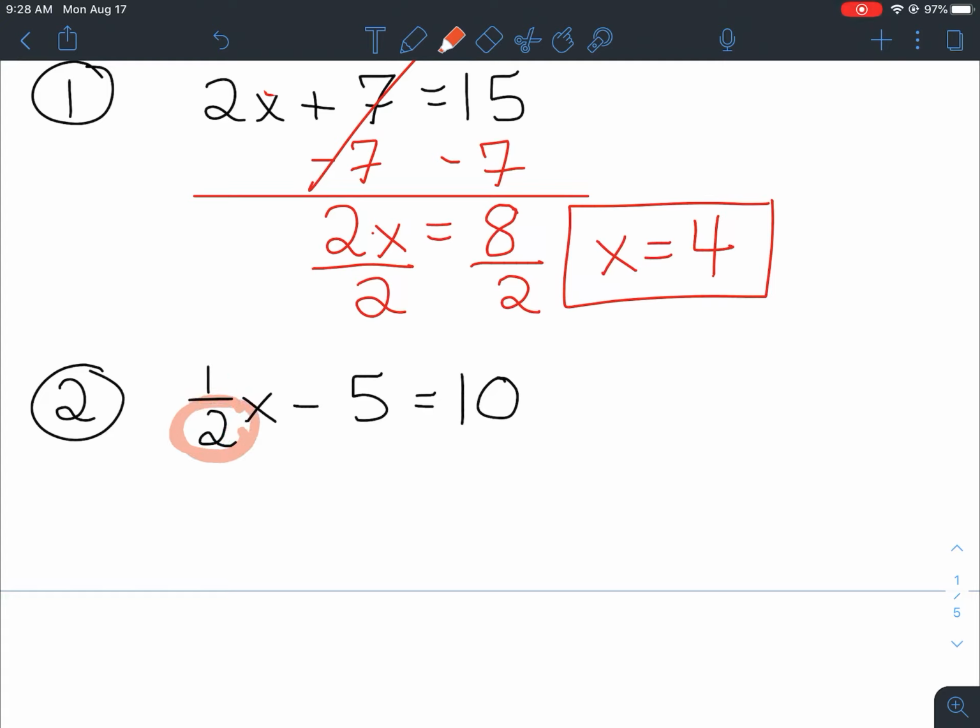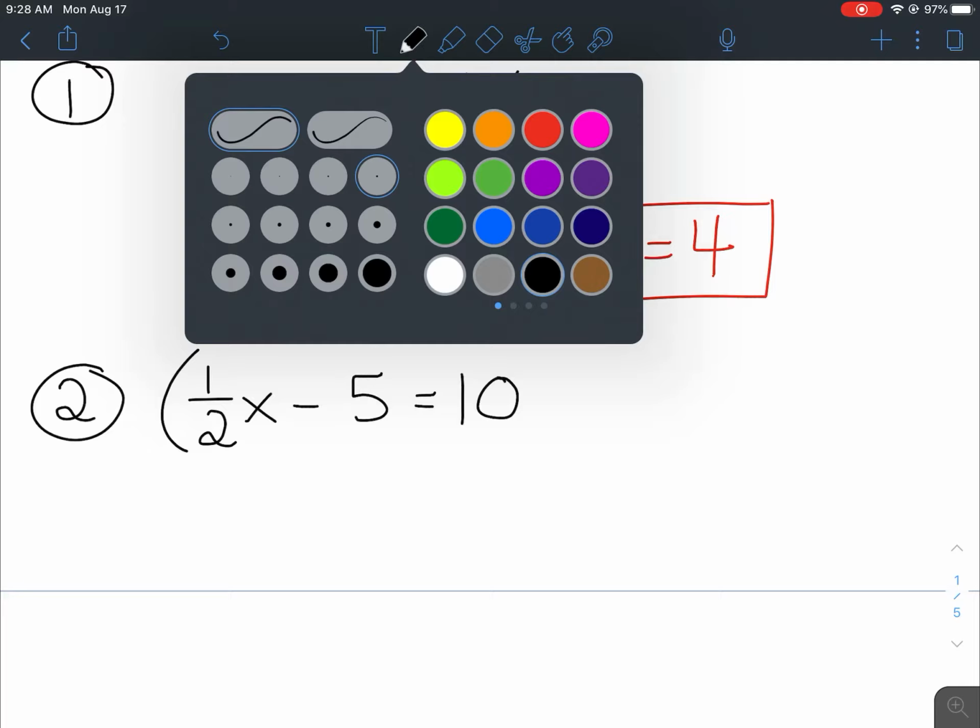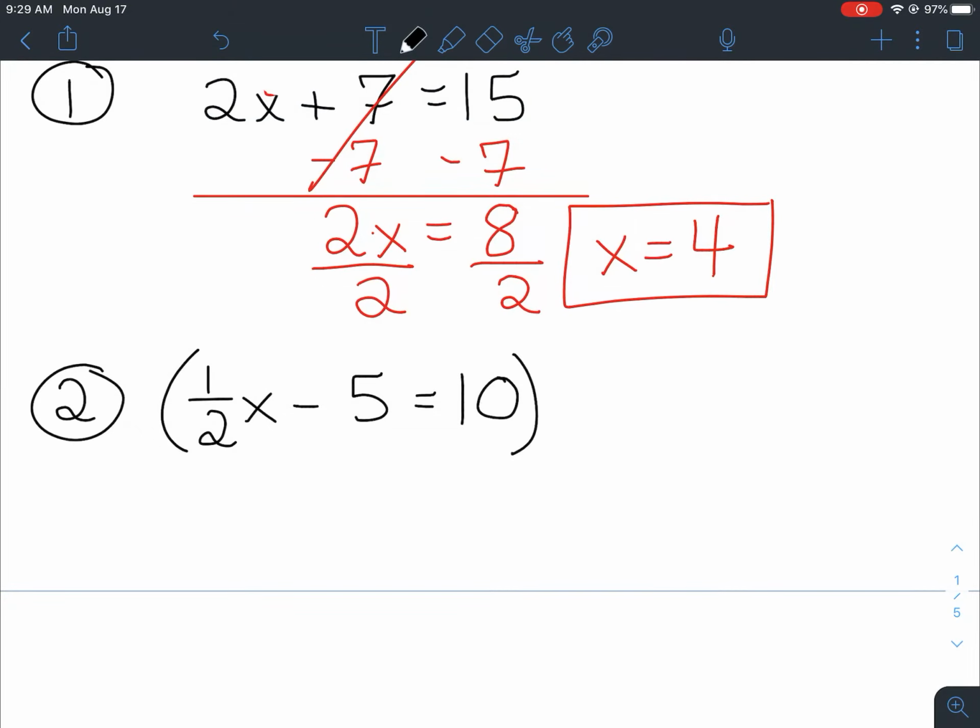So I need to think about, well, how can I clear out this fraction? Meaning, how could I get rid of a denominator of 2? Let's think about what a denominator of 2 actually means. It means we're dividing by 2. How do you undo division? You multiply. So what we're actually going to do here is we're going to multiply everything through by 2. And by everything, I mean everything on both sides of the equation is getting multiplied by 2. So you have to make sure you do it to every part.